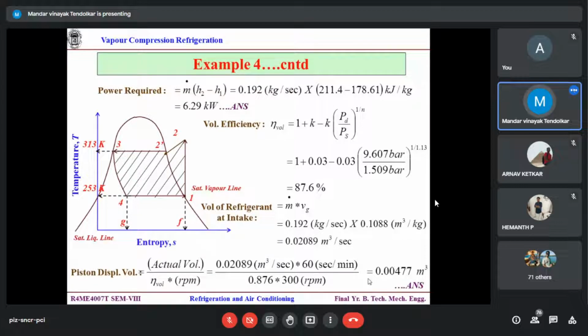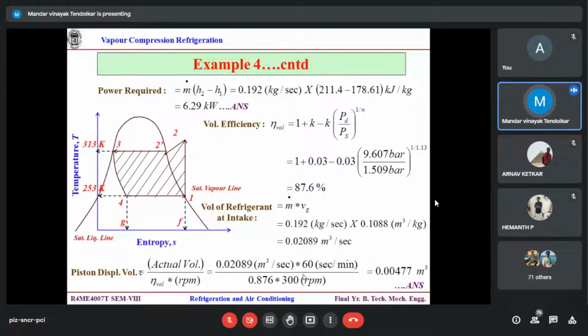The RPM is per minute, so I have to take 60 into consideration, because this is per second. I have to convert it to minute, so multiply by 60. That will give you per minute, and this is revolution per minute. Correct? Yes, sir. So this is how you got the piston displacement.